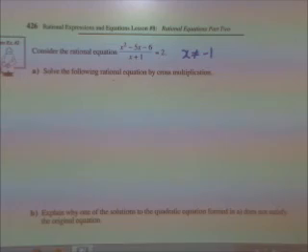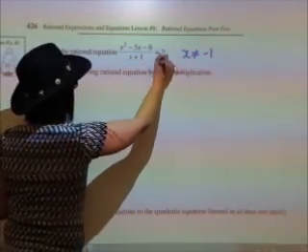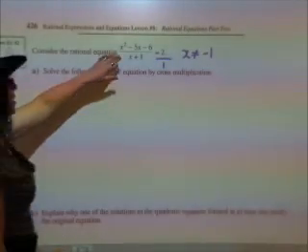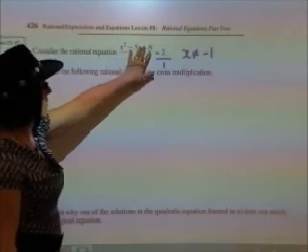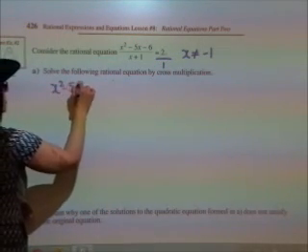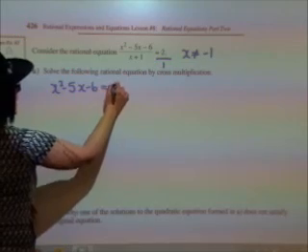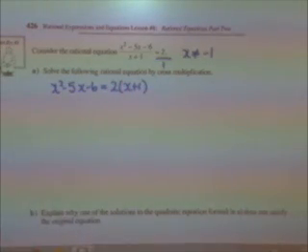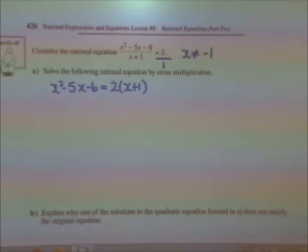Okay. If we solve the rational equation through cross multiplication, I can write that as 2 over 1. So I multiply x squared minus 5x minus 6 by 1, which means it won't change. And then I multiply 2 by x plus 1. And what do I get when I multiply 2 by x plus 1?